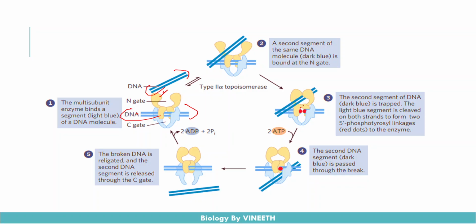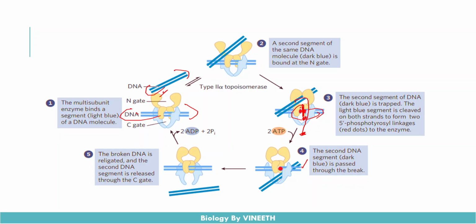After inducing a cut by using ATP, it uses two ATP molecules: one ATP for cutting the DNA strand, introducing the double stranded break, and one ATP for passing the unbroken DNA strand through the broken DNA strand.